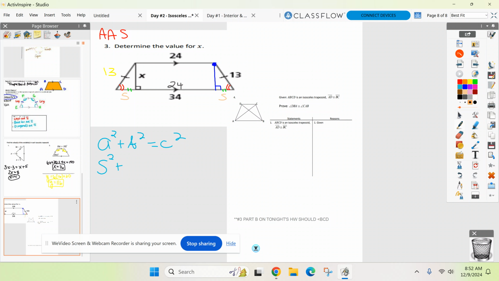Leg or hypotenuse? Leg. So that's got to go in for the other, either A or B. And then 13 is your hypotenuse for C. All right, go ahead and solve.